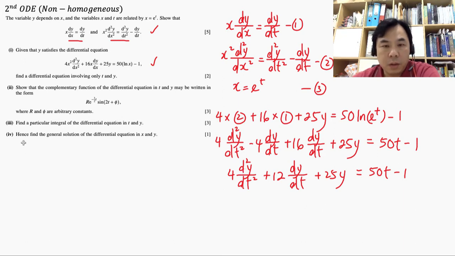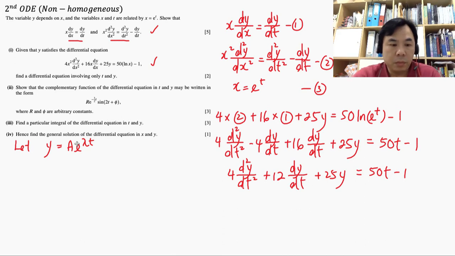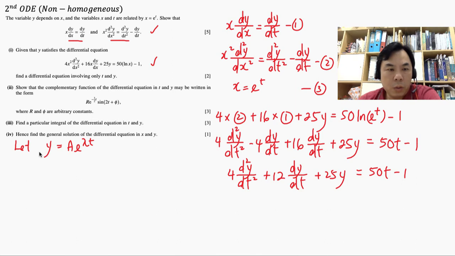Now by letting the solutions to these equations be y equal to e to the lambda t, once we have made this assumption, we will be able to obtain its characteristic equation for equation number 4.